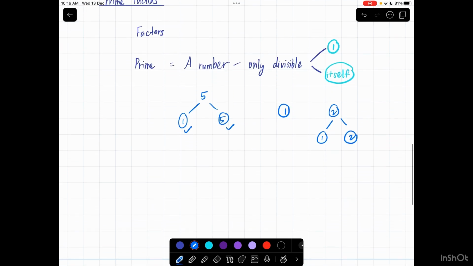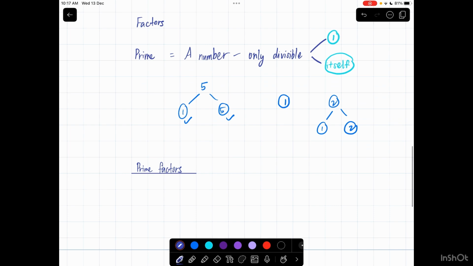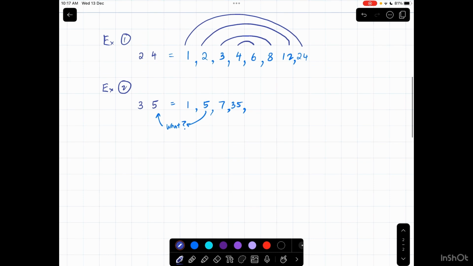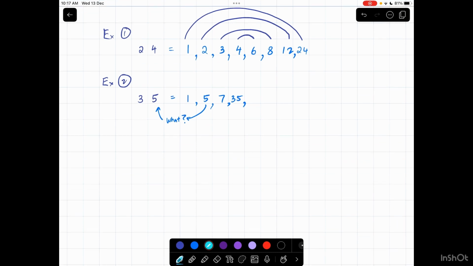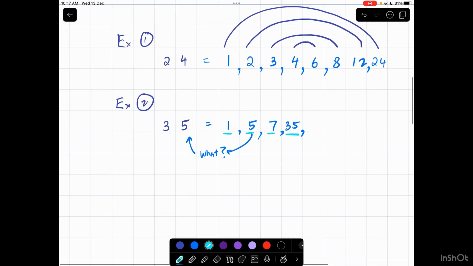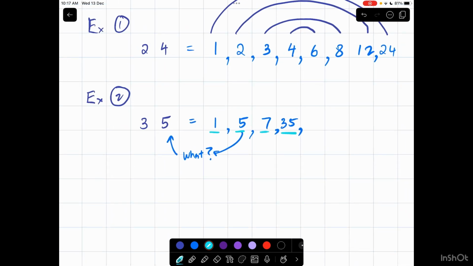So what does the term prime factors mean? Once you understand prime numbers, prime factors becomes much easier. Prime factors refers to the factors of a number that are prime numbers. So to take the example from our previous question, when we have the factors of 35 as 1, 5, 7 and 35, to find prime factors, first list out all the factors 1, 5, 7, 35 and then pick out the prime numbers.